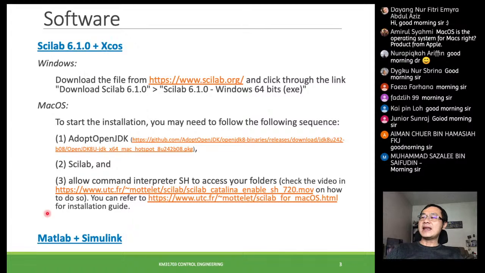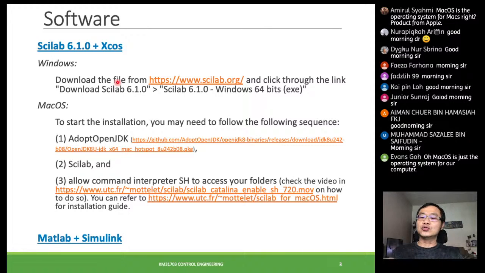So MATLAB and Scilab are the core programs, whereas Simulink and Xcos are the packages that they built on top of MATLAB to do the calculations and so on.